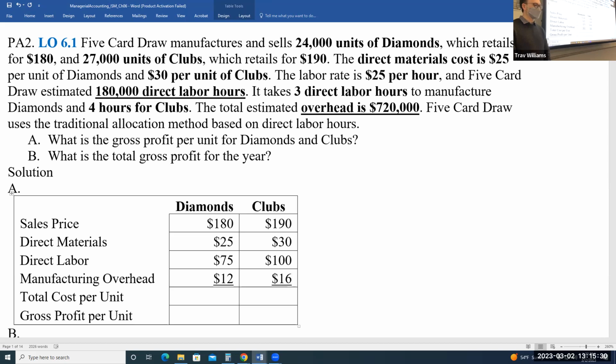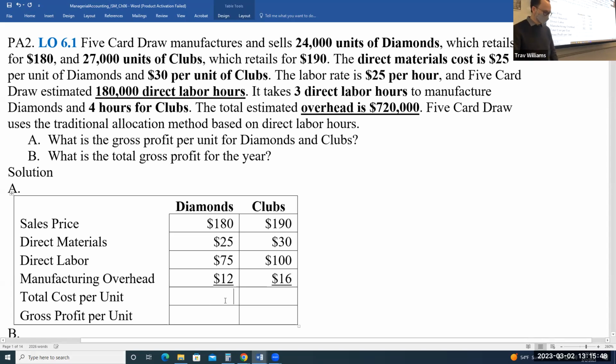Okay, so that gives us $12 of overhead for each Diamond product and 16 for each unit of Clubs. Okay, so now we can get our total cost per unit. So what would that be for Diamonds?